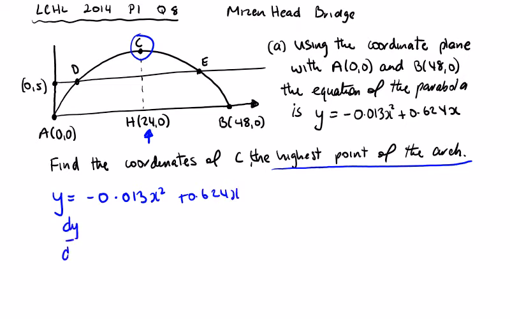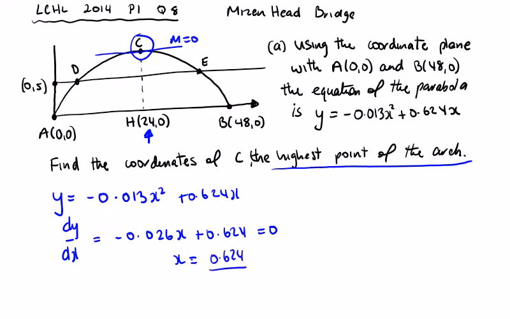So if we differentiate and let this equal 0, because the slope up here is equal to 0, dy/dx is going to be equal to -0.026x + 0.624. If that's equal to 0, x is equal to 0.624 divided by 0.026, and 26 24s are 624, so that is equal to 24.